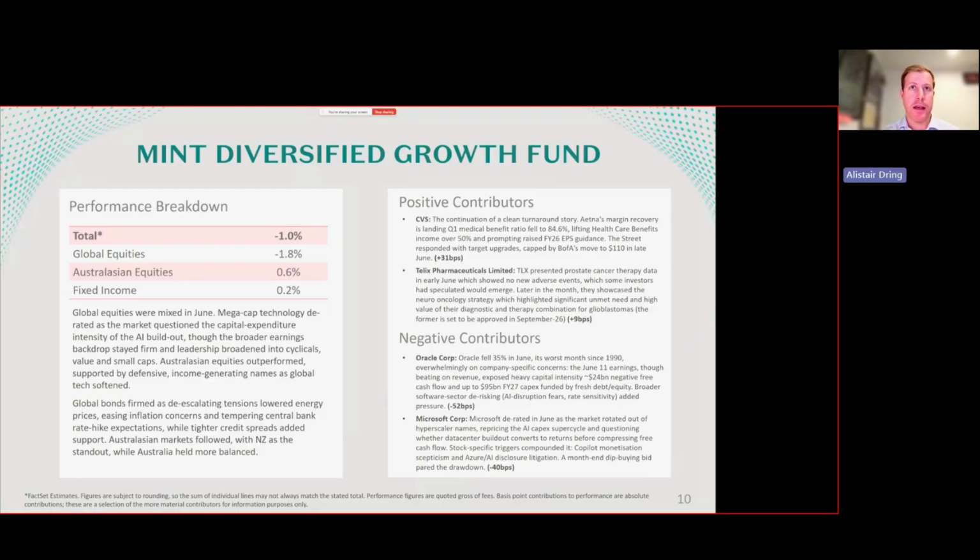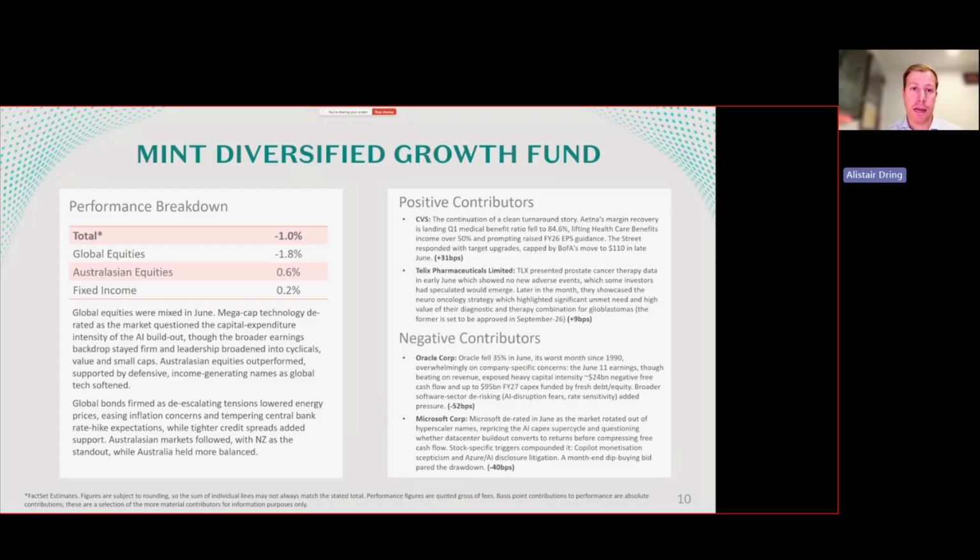And then looking at the diversified growth fund, quite the disparity there, down 1% across the month, with global equities down 1.8%, on the back of the larger exposure that we've got to some of the tech names, and we've got quite a concentrated portfolio, but we have been pivoting out towards more defensive names through the month of June, it must be said. Australasian equities did well to stem some of that tide, as well as the fixed income contribution coming from the Wedge team.